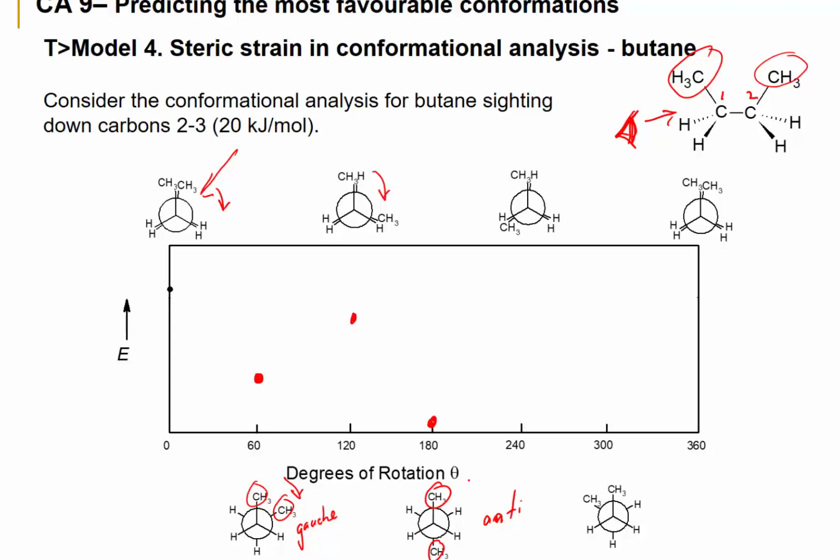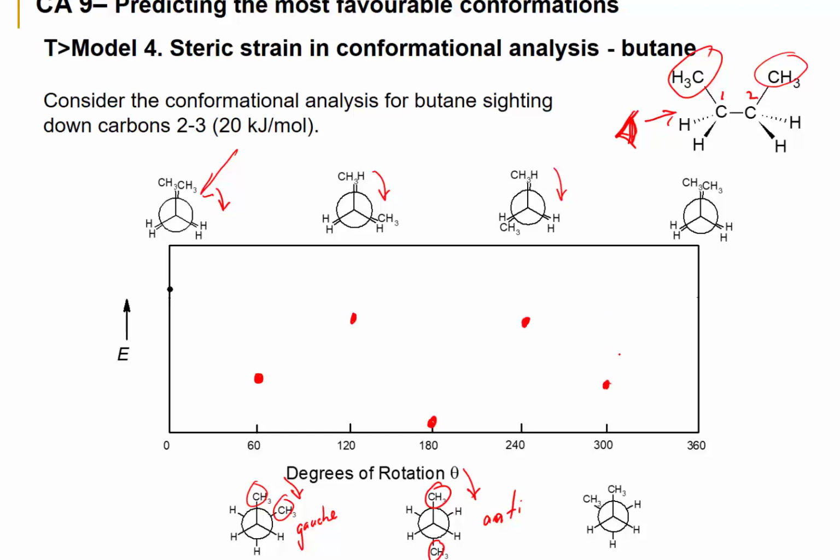Again, a rotation by 60 degrees brings us to another eclipsed. Now the eclipse that occurs at 120 degrees and at 240 degrees will have the same energies. So I'll try to align them up to the same spot. We have further rotation. Another 60 degrees brings us to another staggered.